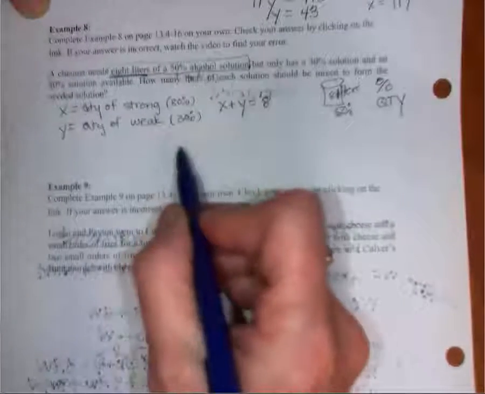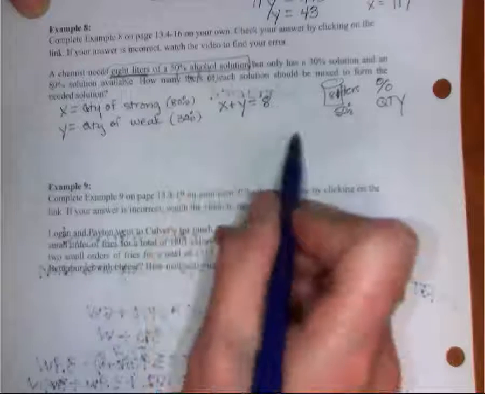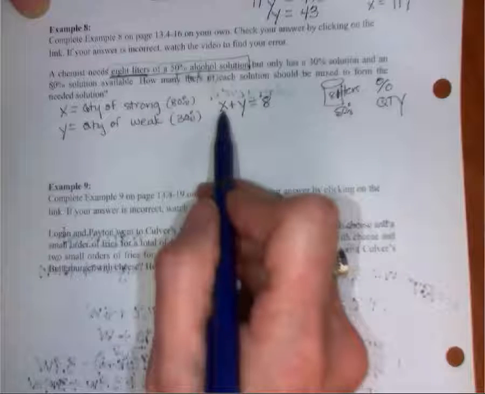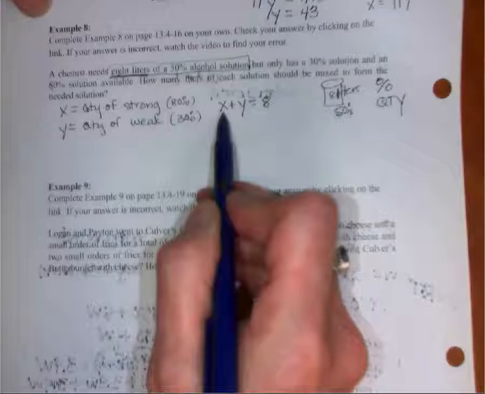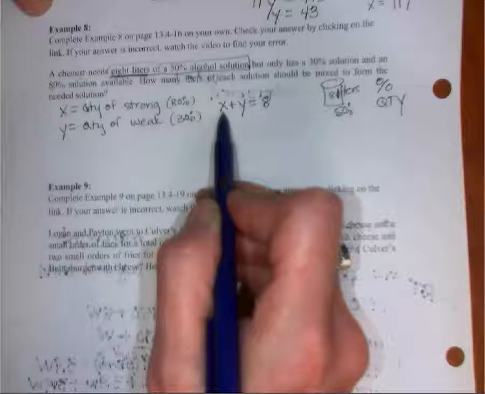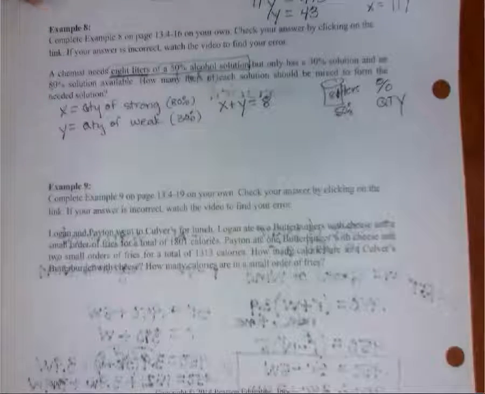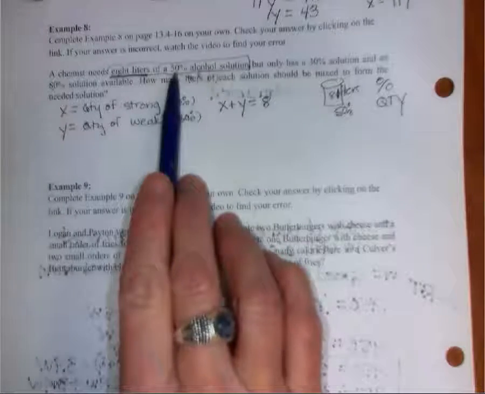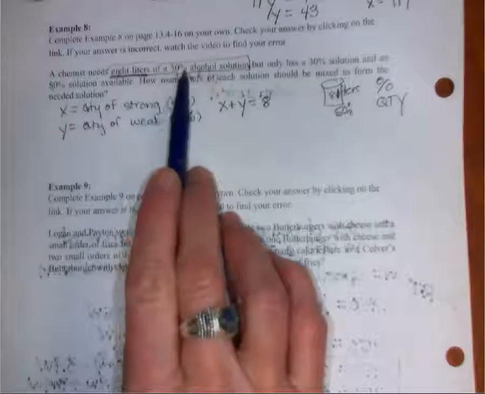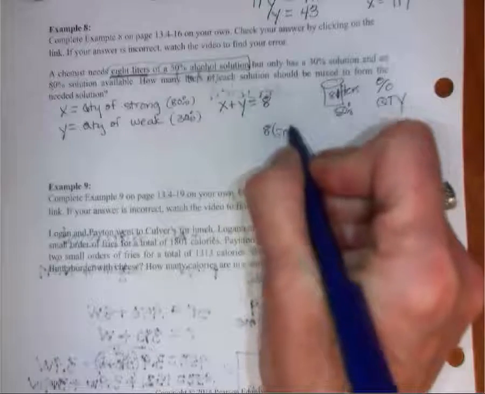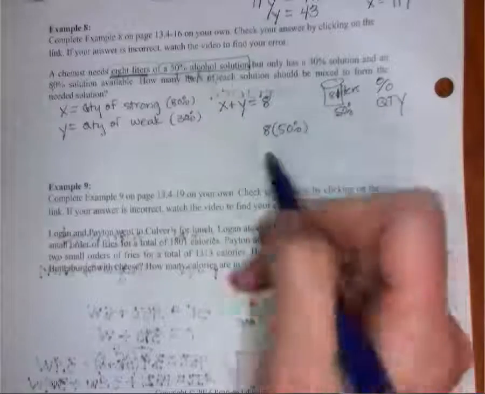Now I'm going to come up with a percent equation. However much strong I need, it will be 80%. So the amount of alcohol in the final solution I'm looking for is 50%. So I have 8 liters at a 50% solution.